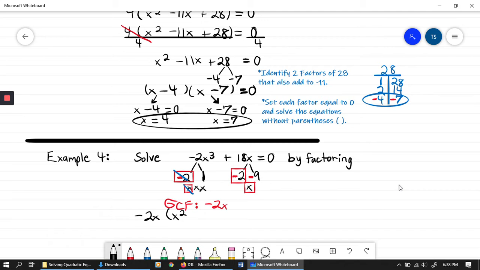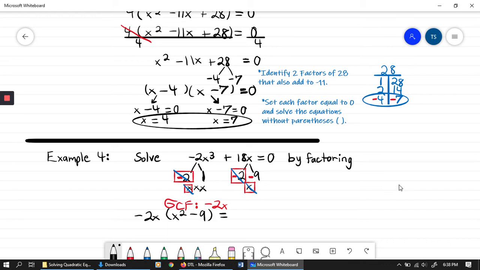And so that's 1x squared left over from the first term. From the second term, the only thing that's left over when we take out the GCF is negative 9. All right, so when we do that, this is what we get.